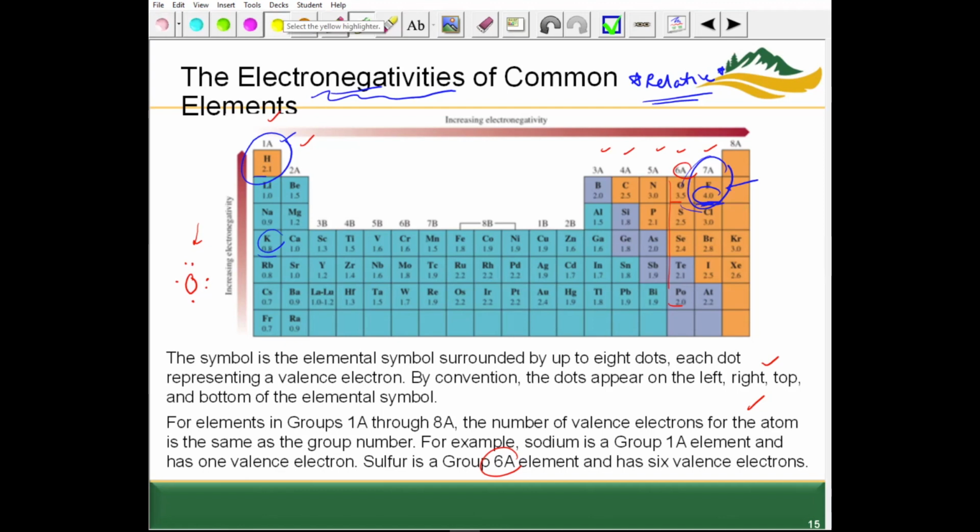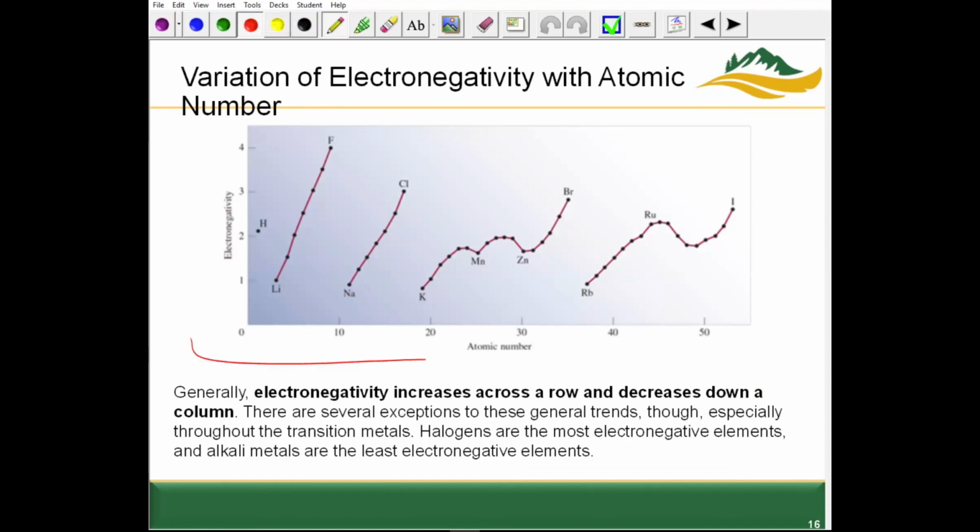So another trend we can look at on the periodic table is that relative electronegativity increases from left to right, and increases going up a group or up a column. So if it increases in this direction and this direction, it makes sense that fluorine has the highest electronegativity value. Here's another way to look at that trend. We have atomic number here and the relative electronegativity.